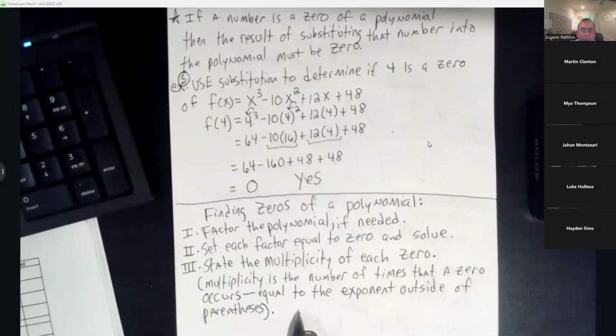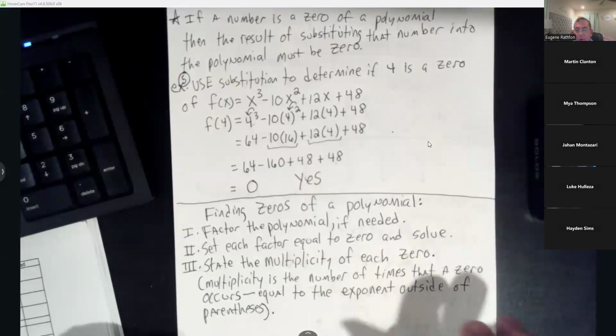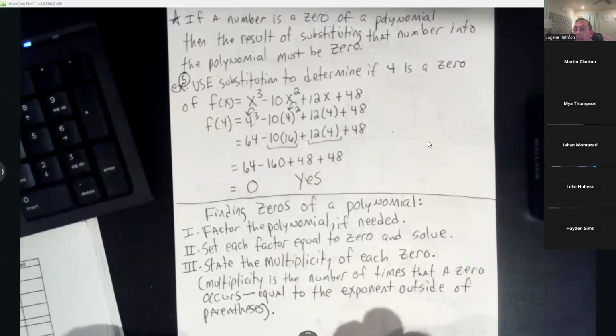Okay? So your factors will be in parentheses. If they have exponents, those exponents are the multiplicity. It's how many times the zero occurs. Now, if it's just a single factor like an x cubed or a 2x squared, then the exponent is the multiplicity. Okay?